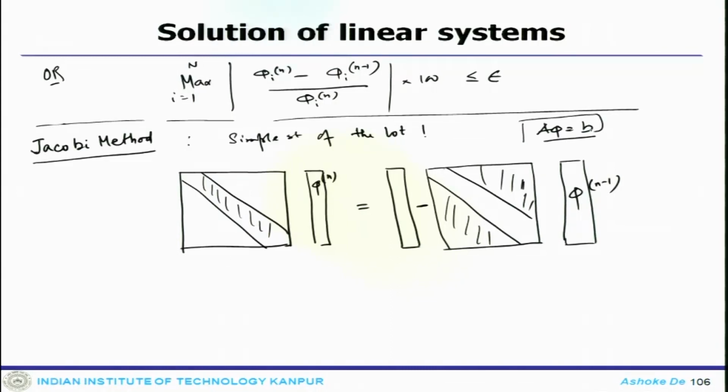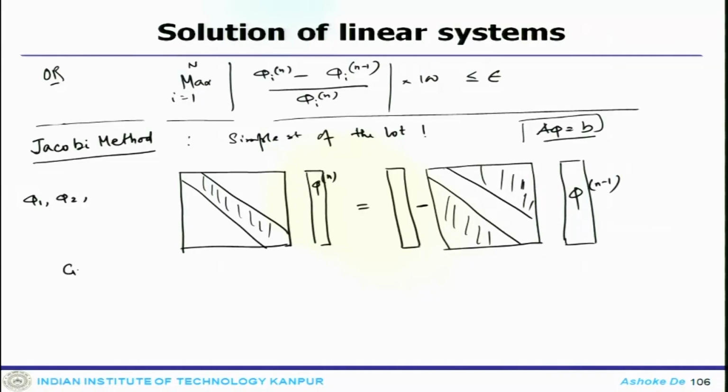You consider this equation and say that if the diagonal elements are non-zero, then the first equation can be used to solve for phi 1, the second one for phi 2, and so on. The solution process starts by assigning some guessed value to the unknown phi, and these guessed values are used to calculate the estimate.